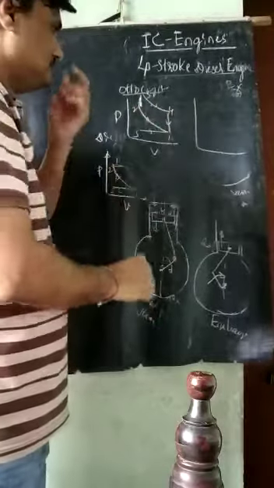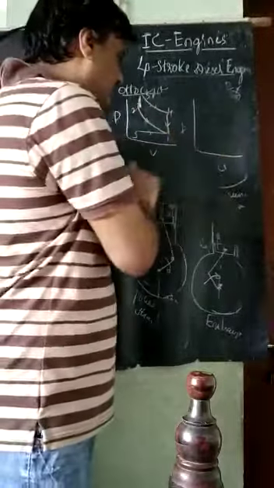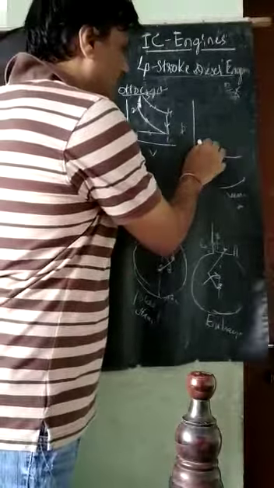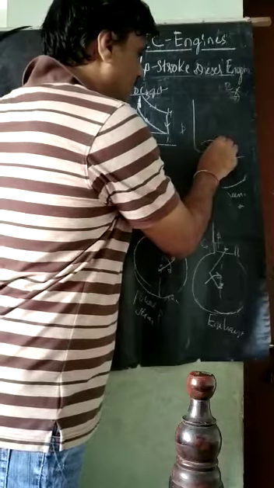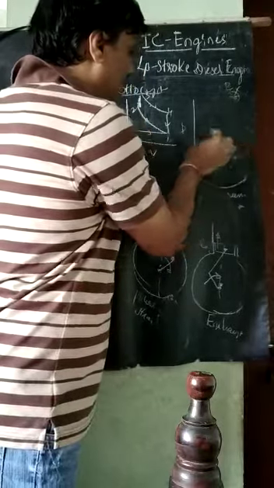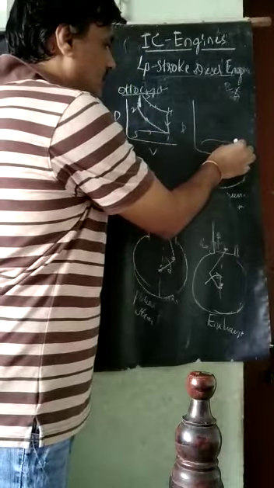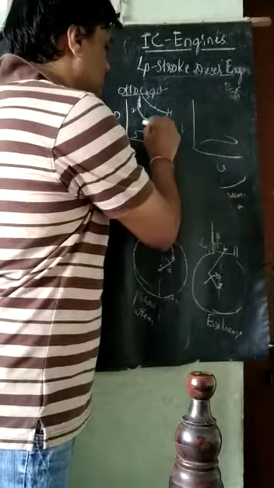Right? But in case of the real cycle, it is not like this. It will go like this here. Yes, it is going like this. Not immediately, not sharp edges here. So the next one is the compression stroke here.